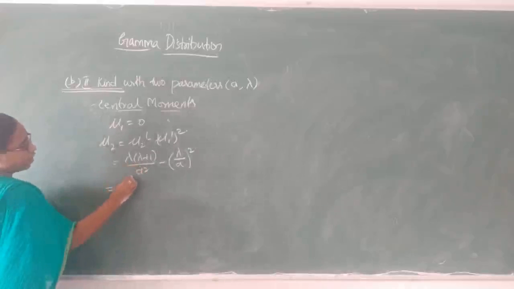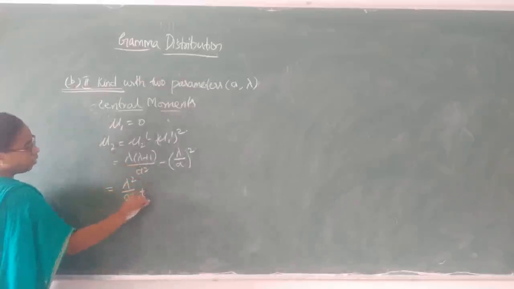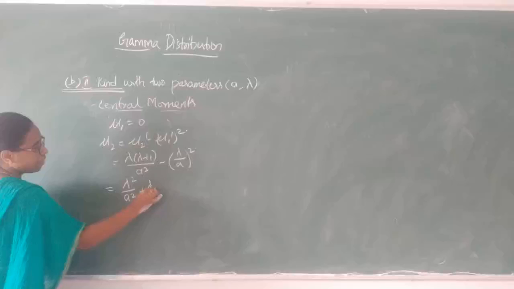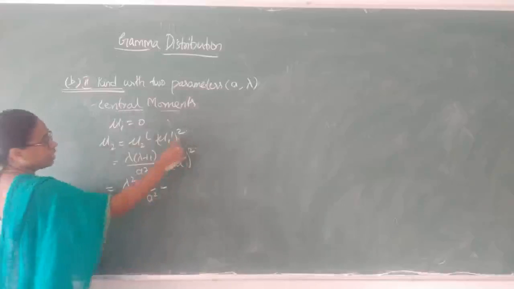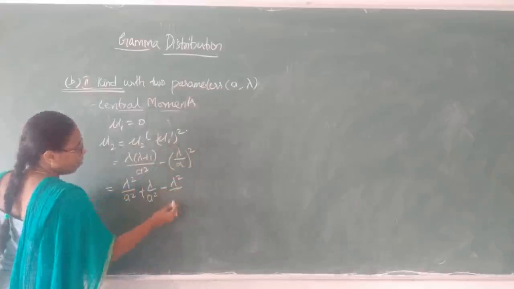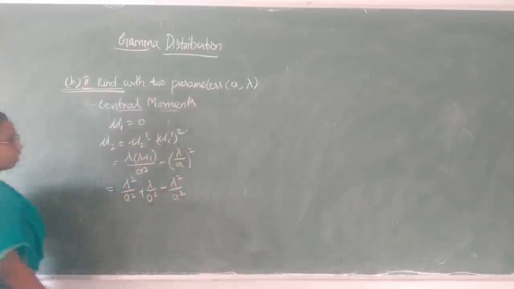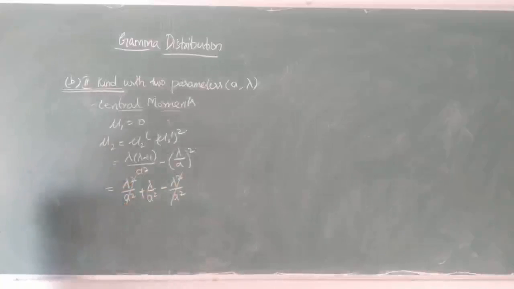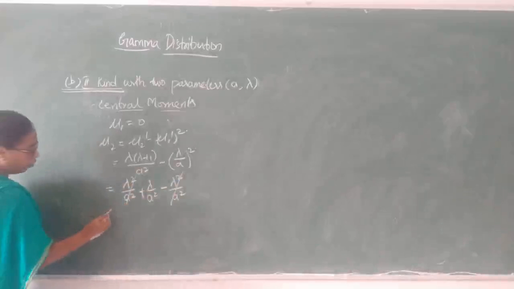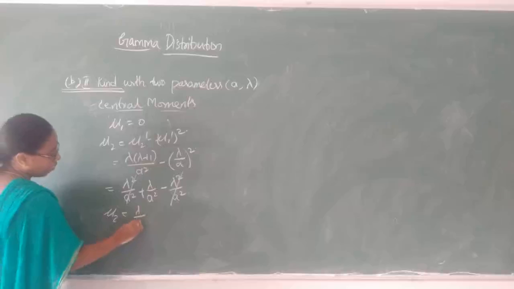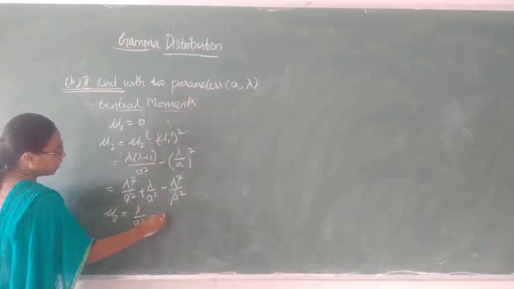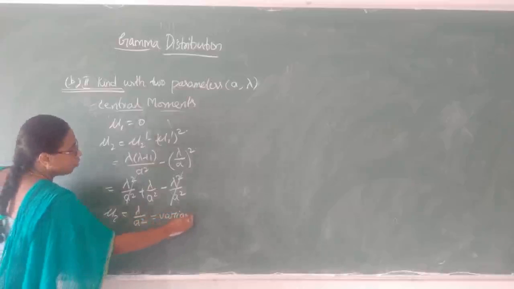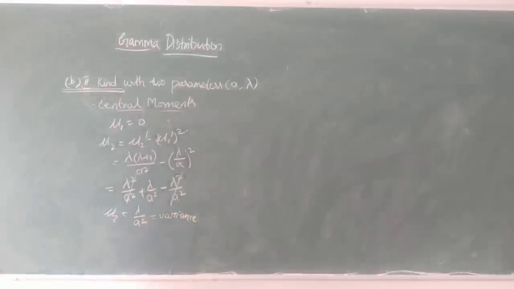Lambda into lambda is lambda square by a square, plus lambda into 1 is lambda by a square, minus this whole square can be written as lambda square by a square. So plus lambda square by a square minus lambda square by a square both get cancelled. Therefore mu2 equals lambda by a square, which is the variance of the gamma distribution.